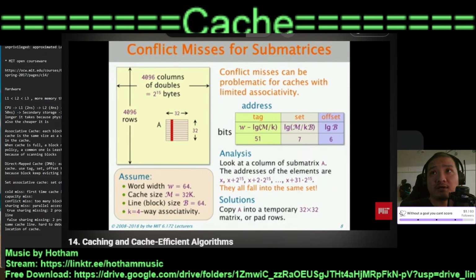Let's ask Gemini to explain to us: conflict miss cache, and copy matrix to temporary matrix of that row to fix it. What does that mean?